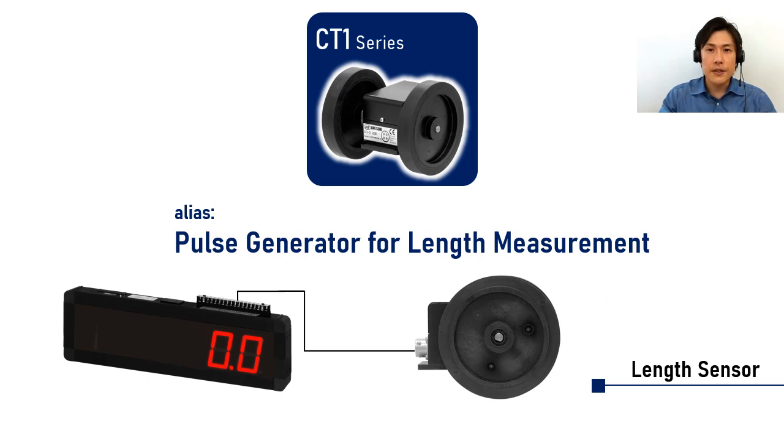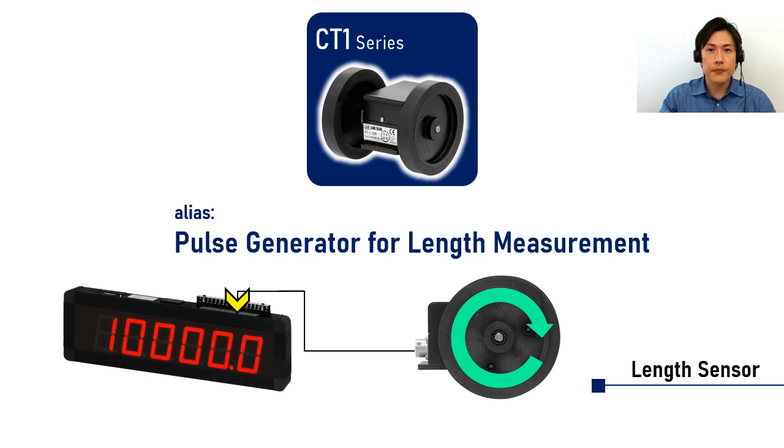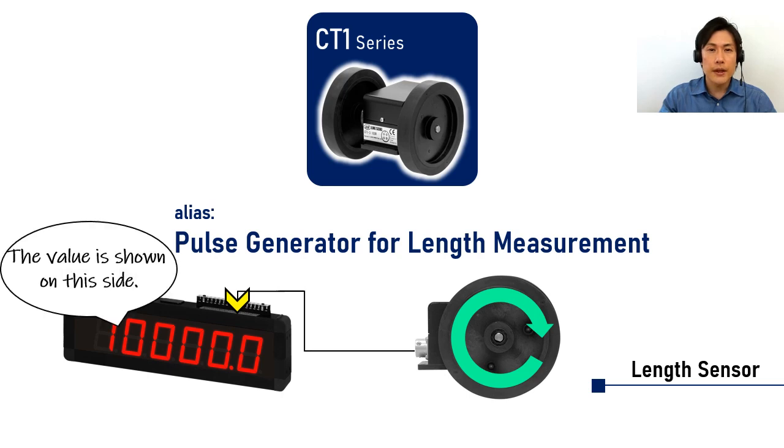When the wheels of the sensor rotate, pulses are sent to the counter along with the movement of the wheels. As a result, measured length can be shown on the display. When you use a length sensor, measured value is displayed on such device as an electronic counter.